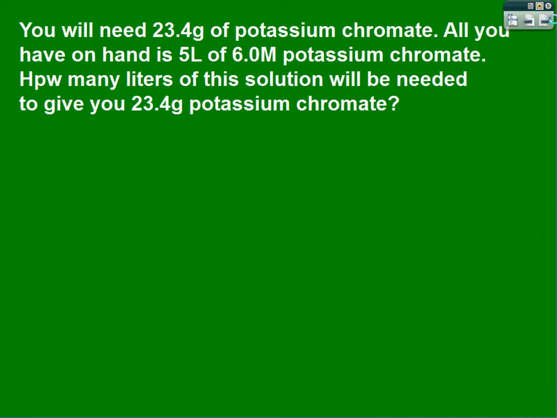How many liters of this solution will be needed to give you 23.4 grams of potassium chromate? If you can do this one, you can do any of them. It's about as hard as they get. This one's good because it gives you extra information you don't need. You have several steps to get your answer, and the question is sort of hidden within the question.